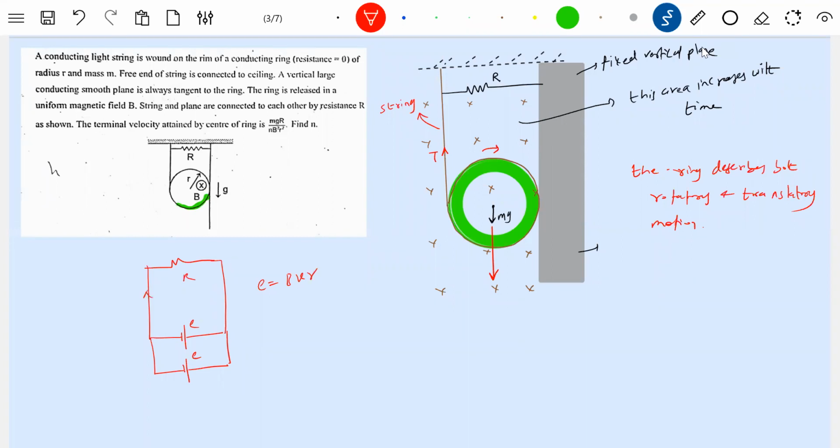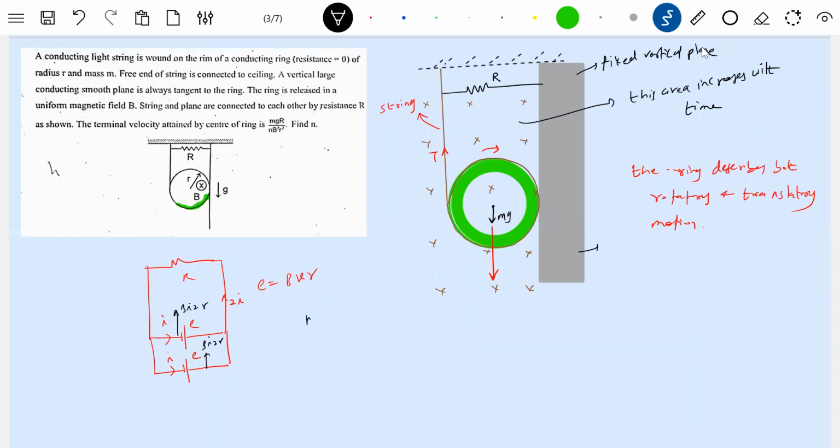So how much current, the total current, will be flowing here? Current has to be like this. This is I, this will be 2I. Then the BIL force here, BI into R, BI into R. So then who will balance mg?